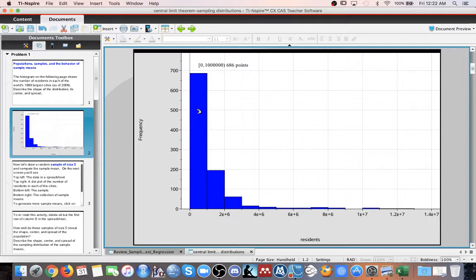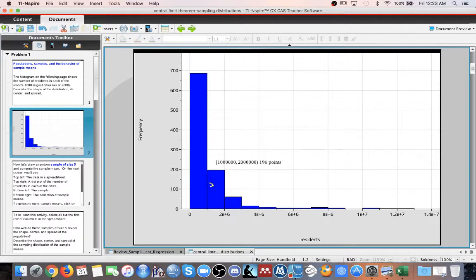686 different cities there. So out of 1,000, that's quite a lot. That's more than half of the world's 1,000 largest cities in this one bar. So if you're thinking about a box plot overlaid on top of this, that's more than 50% right there.